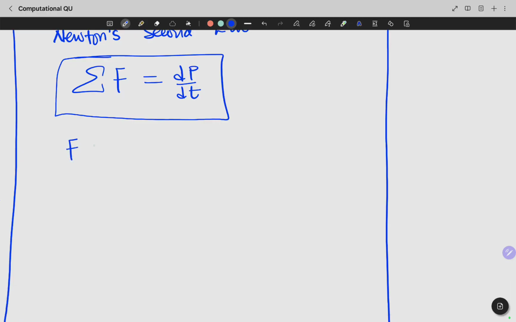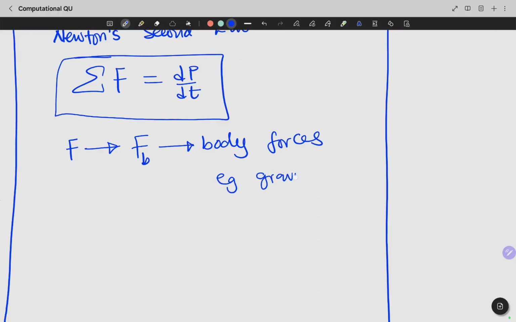There are two types of forces on the fluid. There are the body forces, I will call it FB, e.g. gravity, electric field, magnetic field.